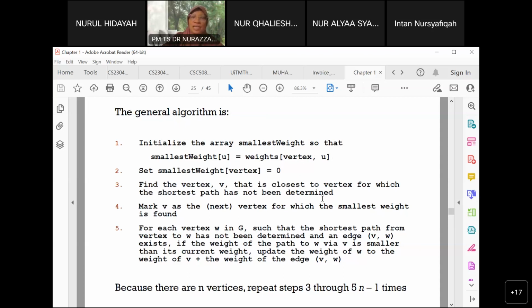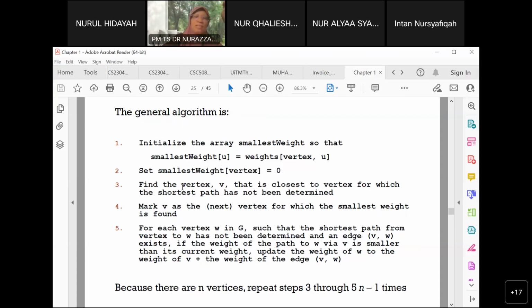That means jadi sebelum kita nak buat shortest path algorithm ni, kita kena ada dia punya representation of the graph lah. Sama ada dalam adjacency list ke atau adjacency matrix tu kan. That means kita kena ada, okay, from this vertex dia ada connection ke mana, vertex mana. Di vertex B ada connection ke mana.